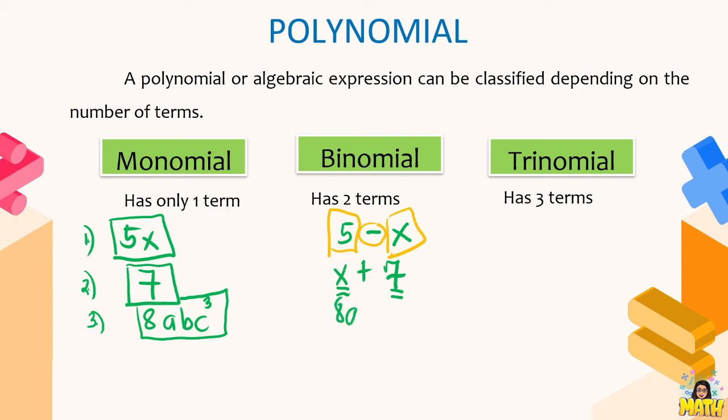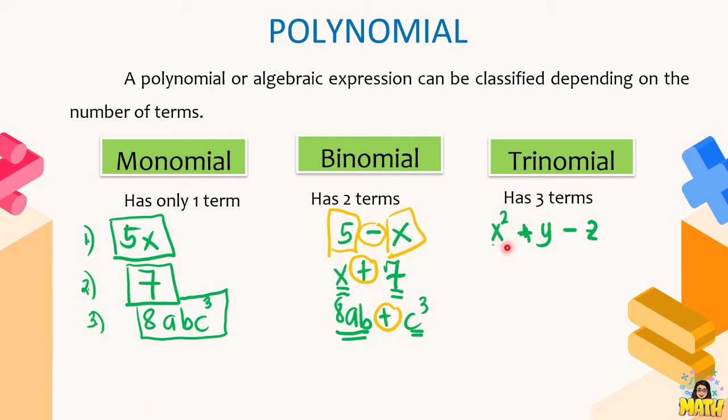Another example, 8ab plus c cubed, wherein 8ab is the first term, c cubed is the second term. For as long as they are separated by the plus and minus sign, dun yung makakount kung ilang terms ba siya. And of course, trinomial means 3 terms. We can have different terms, x squared, y, z, separated by plus and minus sign.